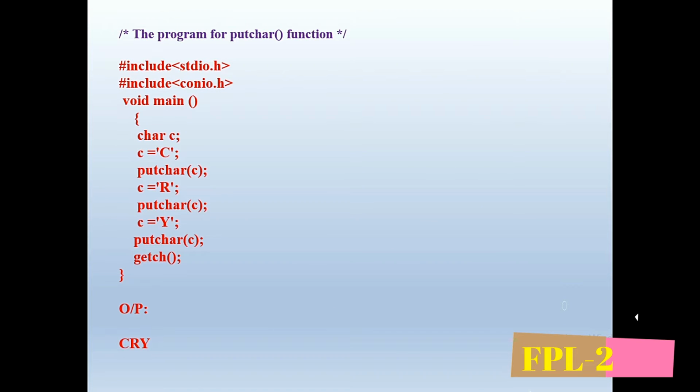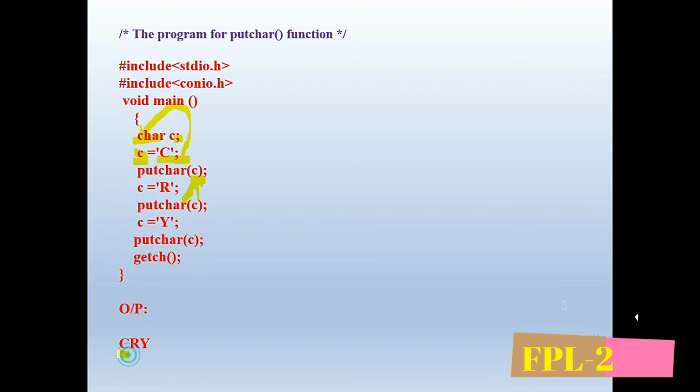In the same way we have different functions. So what is the function of putchar? Here we have declared one variable whose data type is char, so it will take just one character at a time. Initially we stored the character C in variable c, so we type putchar of the character variable c.